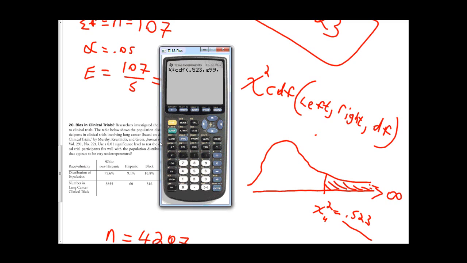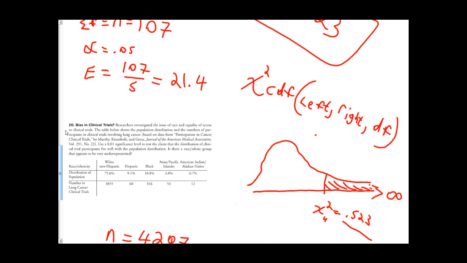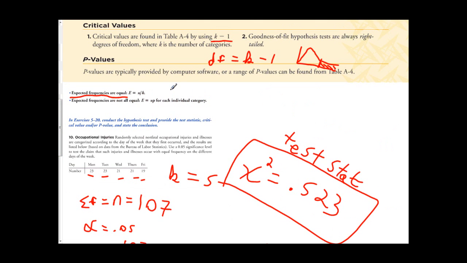And then the last parameter, after the left and right endpoints, is the degrees of freedom, which are going to be 4, close parenthesis, and we press enter, and it gives us our p-value. So we find that our p-value is 0.971.